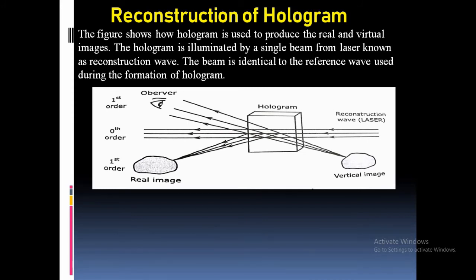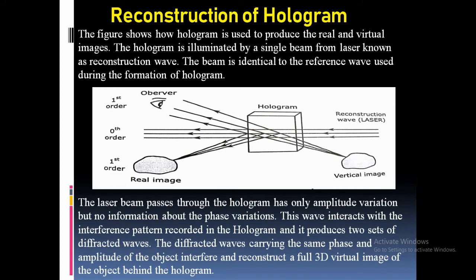The laser beam passes through the hologram, has only amplitude variation, but no information about the phase variations. This wave now interacts with the interference pattern recorded in the hologram, and thus it produces two sets of diffracted waves. These diffracted waves carrying the same phase and amplitude of the object interfere and reconstruct a full 3D virtual image of the object behind the hologram.